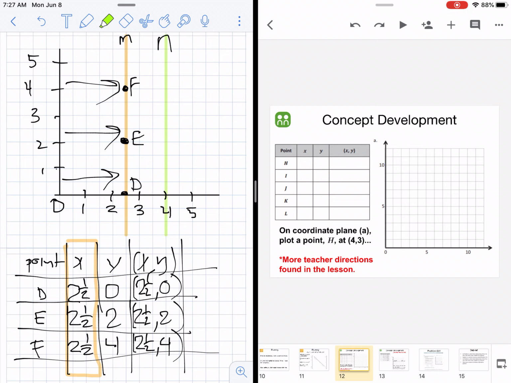And I want you to go ahead and plot these points on the line N. 4, 2. Here's 4, 2. And 4, 3.